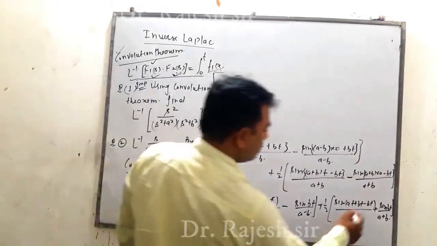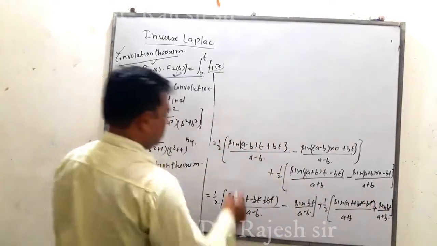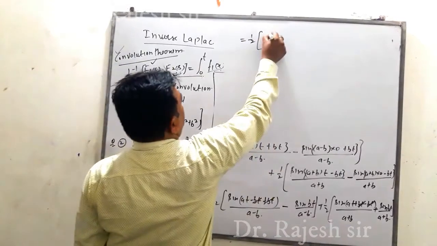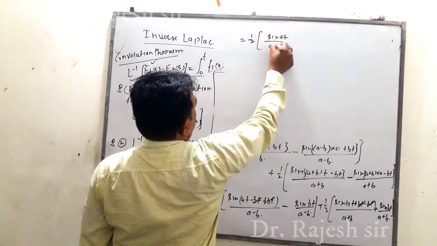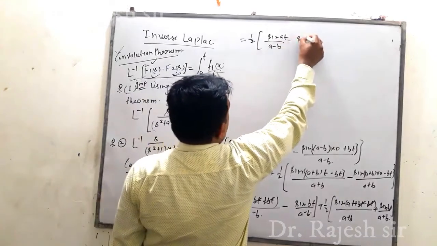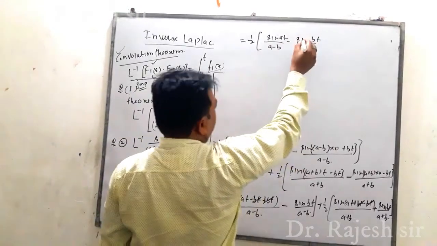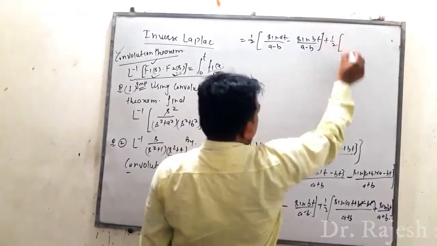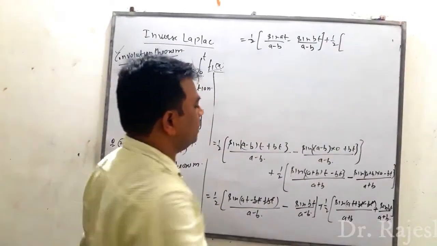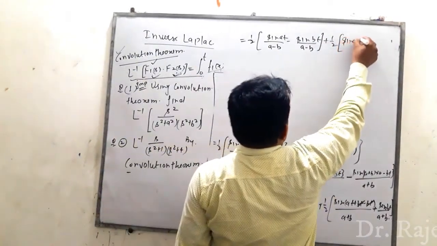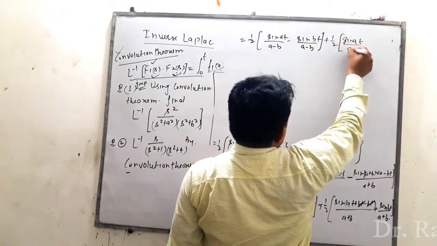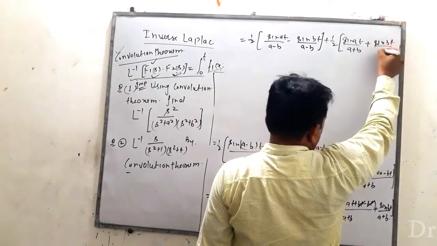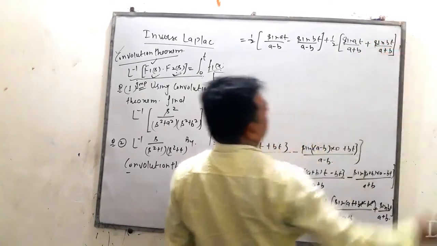bt and bt cancel, equal to 1 by 2 sin at upon a minus b minus sin bt upon a minus b, and 1 by 2 sin at upon a plus b plus sin of bt upon a plus b.